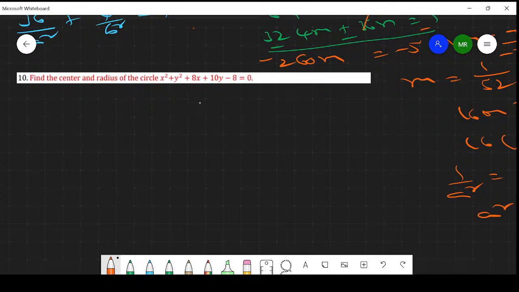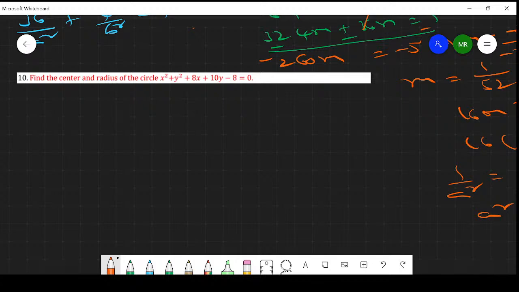When they are asking the center and radius of the circle, you can compare this equation with the standard equation of the circle. I told you the standard equation of a circle: x square plus y square plus 2gx plus 2fy plus c equal to 0.